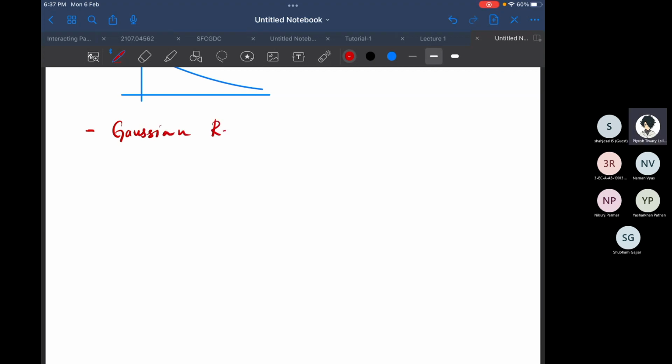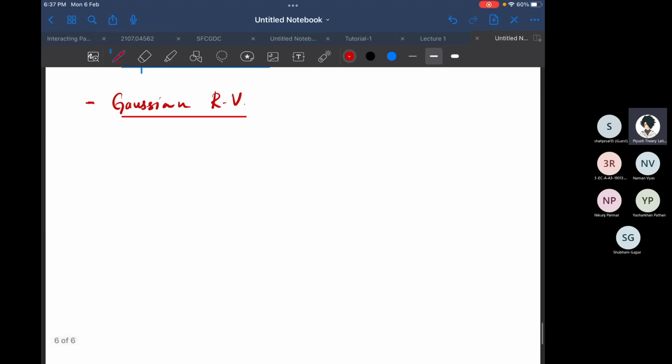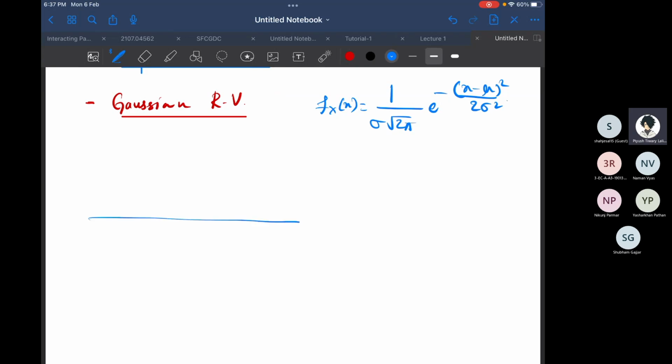And the last thing that I would like you to know is the Gaussian random variable. This is perhaps the most important of all the random variables. You keep saying this again and again, and the expression for this is f_X(x) equals 1 by sigma root 2 pi times e raised to minus (x minus mu) whole square by 2 sigma square. So let's say there is this point mu, and the density looks something like this, like a bell-shaped curve.